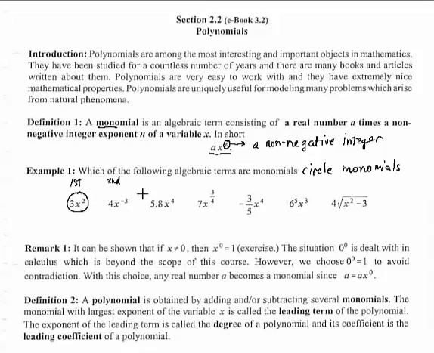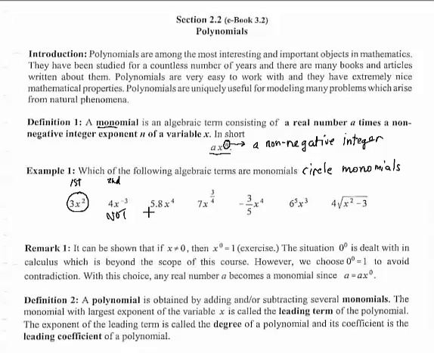3x squared is a monomial. We have one variable, it has an exponent that is positive, and it's an integer. 3 is the coefficient. This one is not. 4x to the negative 3, because the exponent's negative.